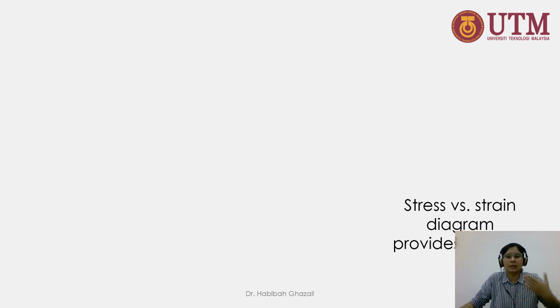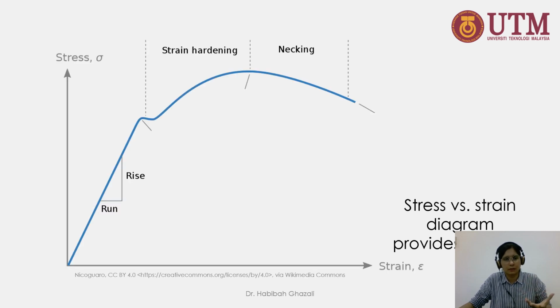So using the stress strain curve, you can see that it can provide us with a lot of information about the materials. From the stress strain curve, we can define the yield strength, the ultimate strength, and the fracture strength of the materials.